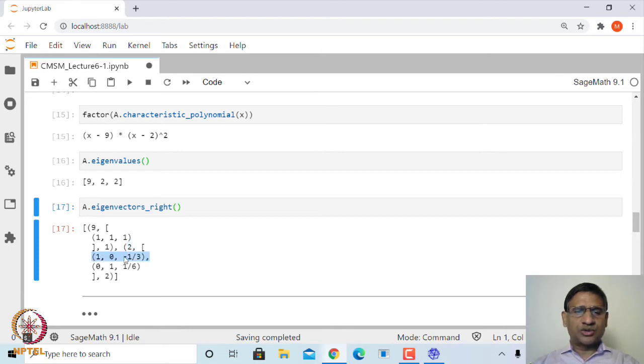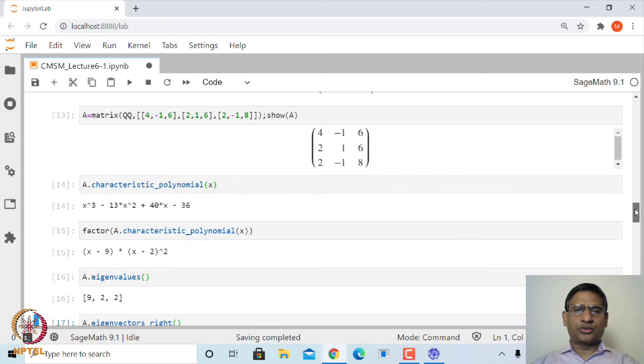One is 1 0 minus 1 by 3 and the other is 0 1 1 by 6, and 2 has multiplicity 2. So, eigenvectors right gives you eigenvalues along with the corresponding eigenvectors and their multiplicity, right.